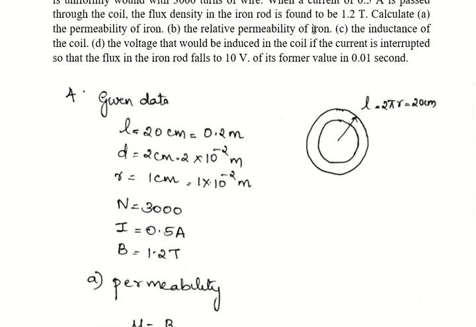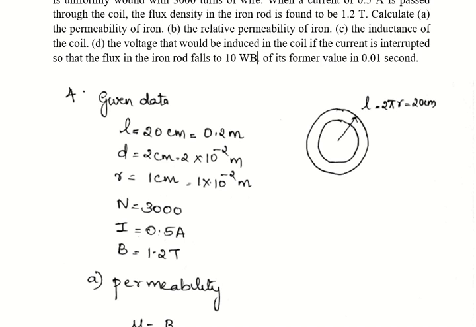Next, the last parameter, the EMF induced if the current is interrupted so that the flux falls to 10 volt of its former value in 0.01 second. This is not volt, I think there is a correction. This is Weber.